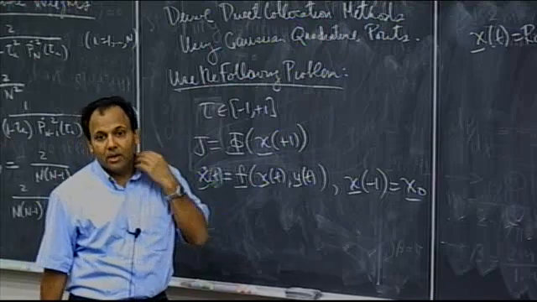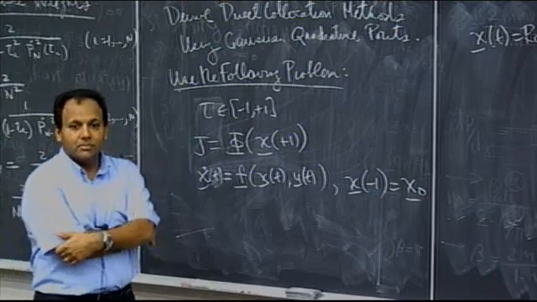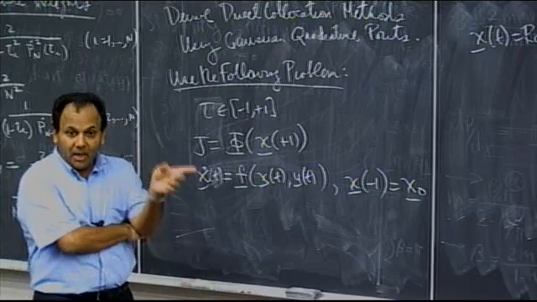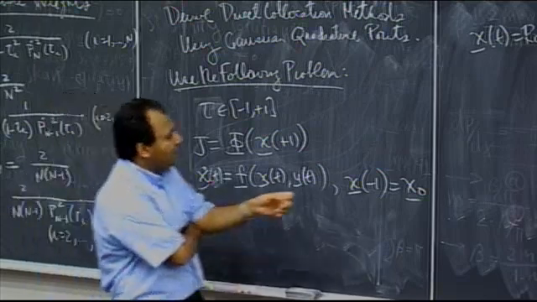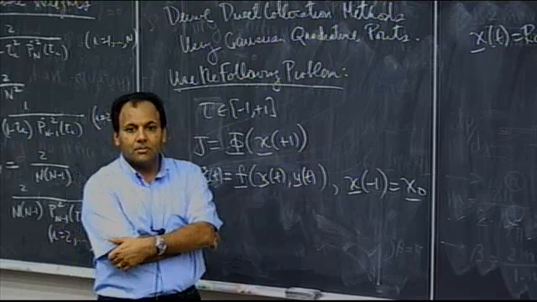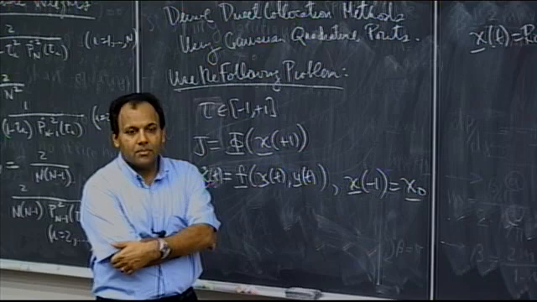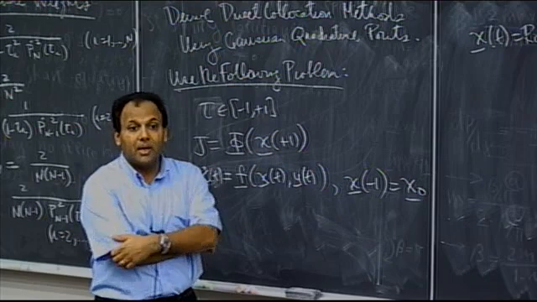At time -1, right? And what's in my cost function? The state vector at time +1, right? What are -1 and +1? Boundary conditions? No, they're not boundary conditions. What are they? They're an initial and final time, right?